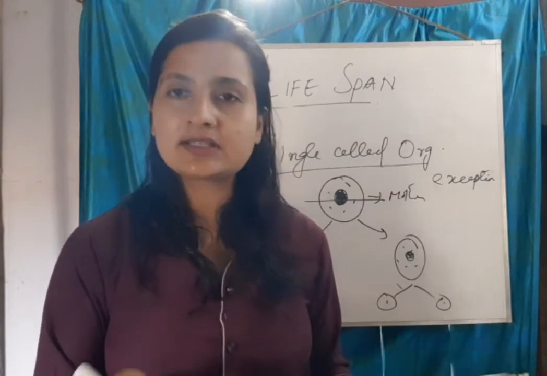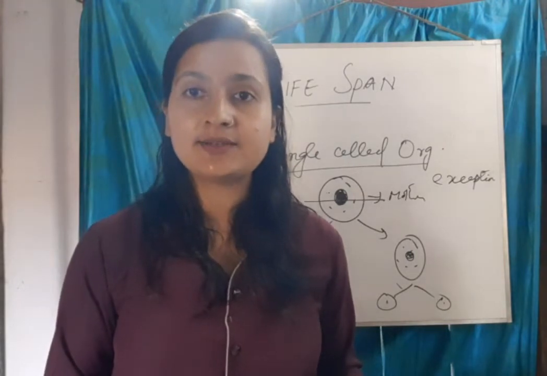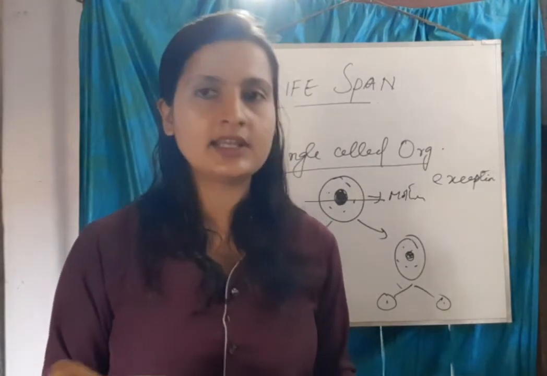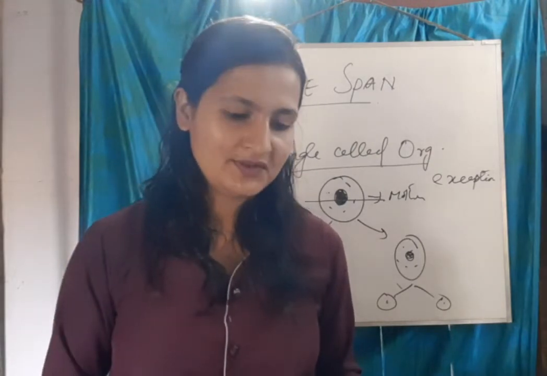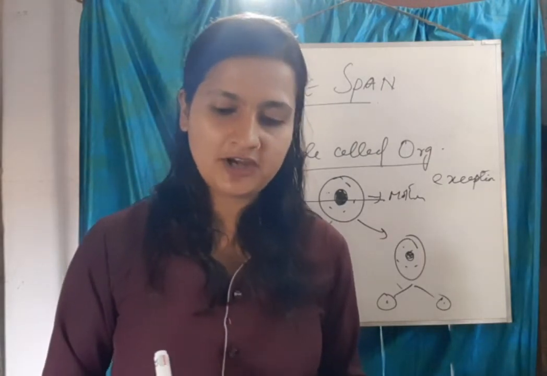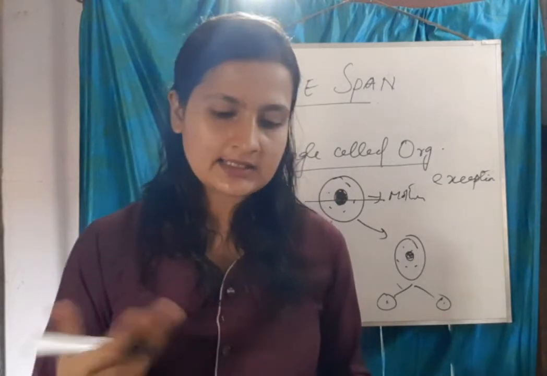Then crow, it is already given here. Banana tree is 25 years, if no one is cutting it down. Then cow is 20 to 25 years. Parrot is 140 years. Crocodile is 60, it is given.